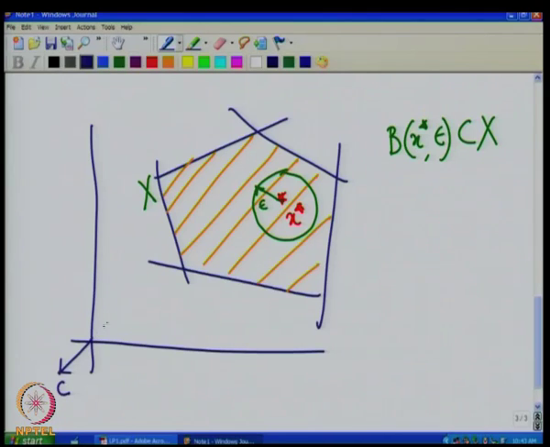That means that if we move along the minus C direction, we decrease the objective function.